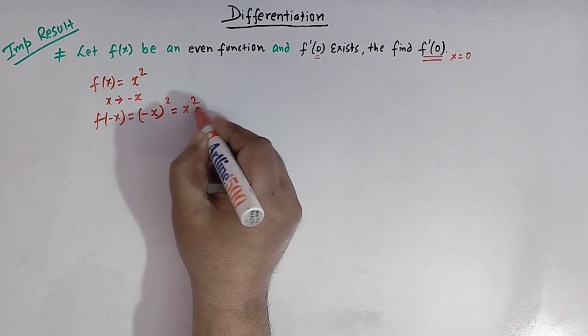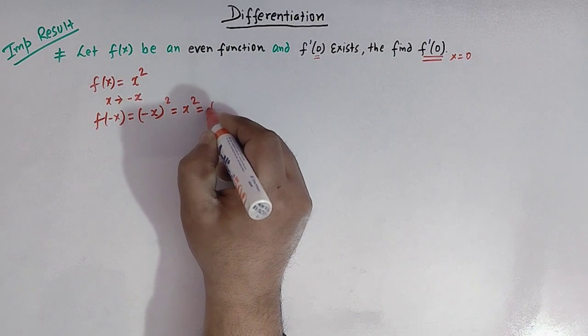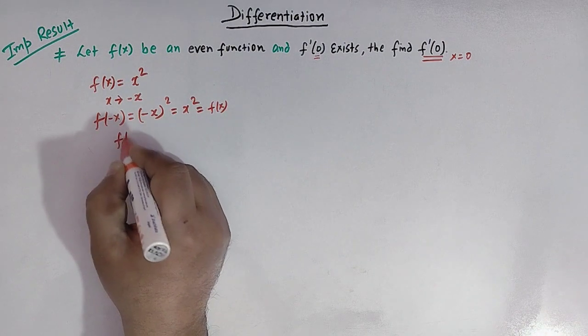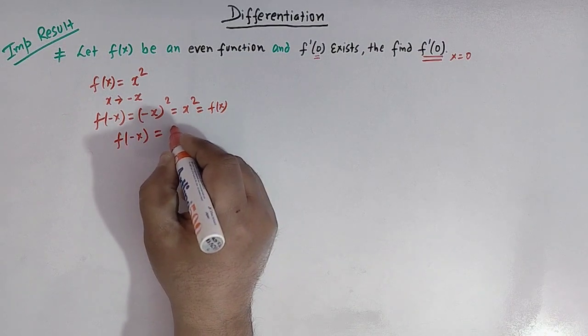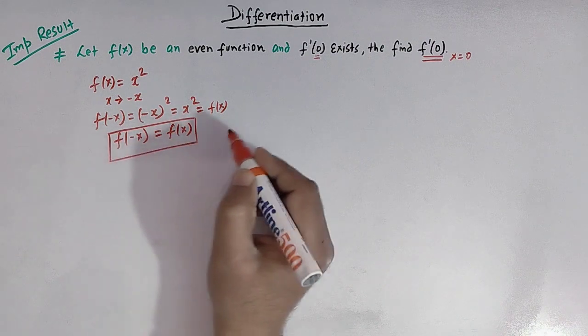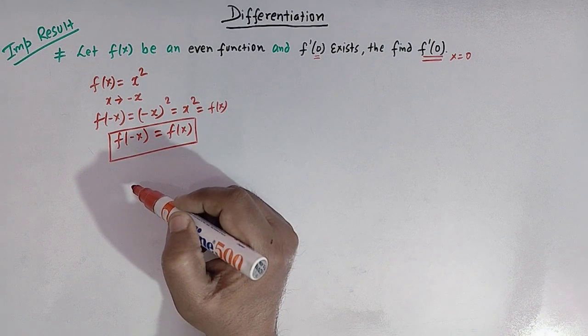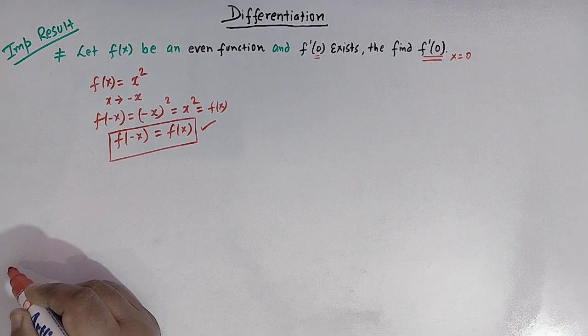So we have again got the same function, that is f of x. So when we have a function where f of minus x is equal to f of x, then we can say that the function is an even function. So this is the property of an even function.